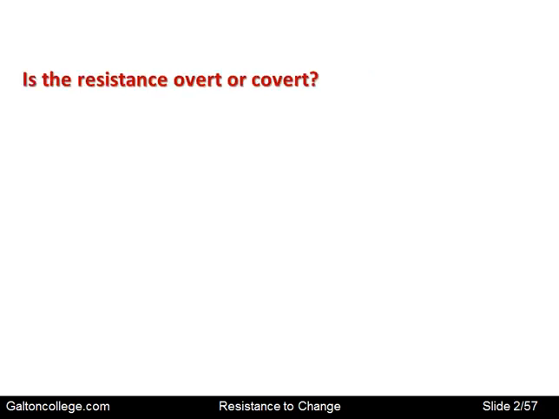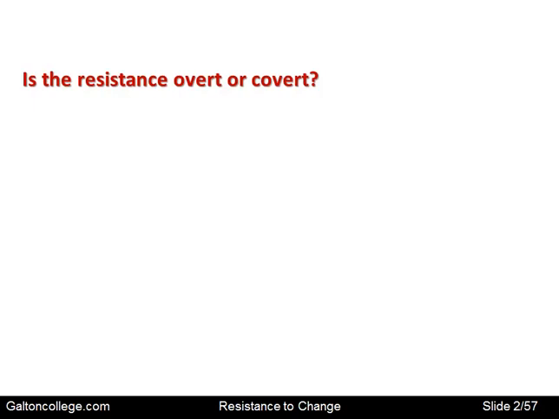So to start, there is what we call overt and covert resistance. Overt is in the open, obvious resistance, and covert resistance is behind the scenes, shadowy sort of resistance, not talked about, but it's there and it's real, but it's secretive almost.